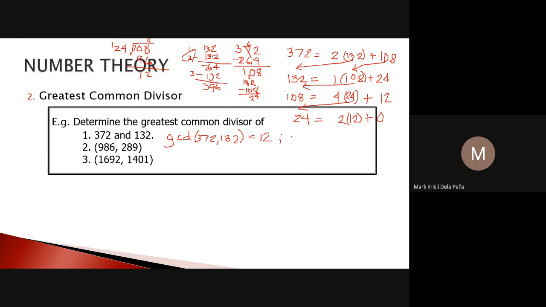No? Take note that 12 is greater than or equal to 0, but is less than 132. We will not use this theorem here. Okay, I will just stick to this one. So this is our final answer.